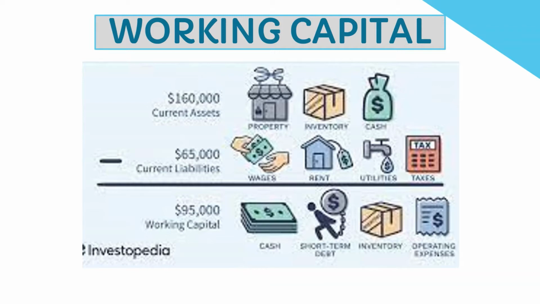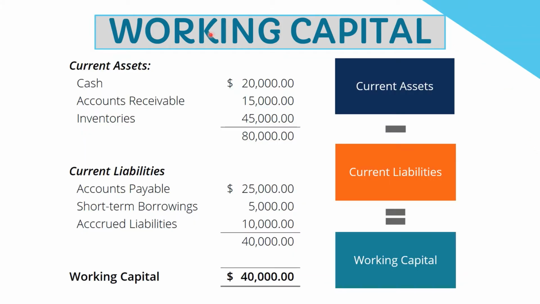Under current assets, we have properties, inventories, cash. And under current liabilities, we have wages, rent, utilities, and taxes. We have here an example of how to compute working capital.